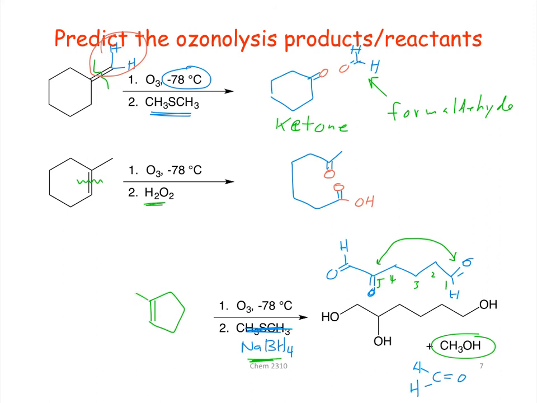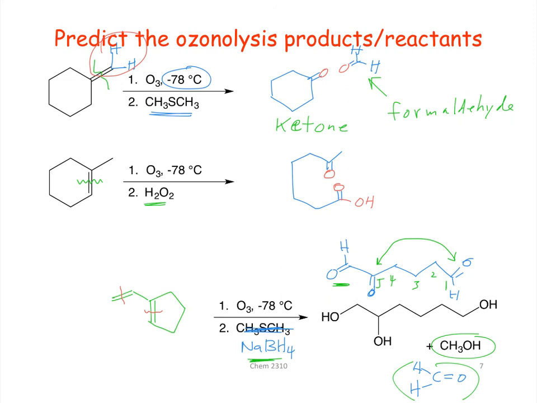Sticking off of this, though, we have this aldehyde here, and we still have the formaldehyde. So we'd have to have a carbon-carbon double bond like that. So in this ozonolysis, we'd cleave here, and we'd cleave here. So we'd cleave off the end, we'd get formaldehyde for this end, we'd get an alcohol here, and then we count around here and get another alcohol. So that would be this structure here.